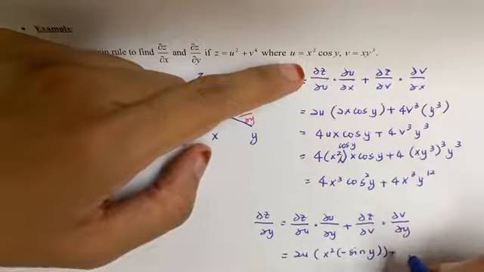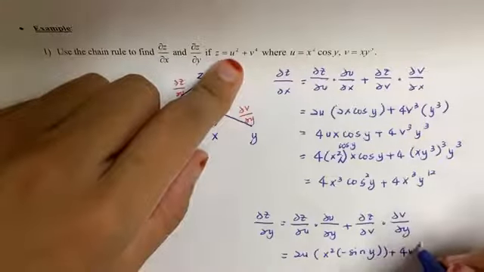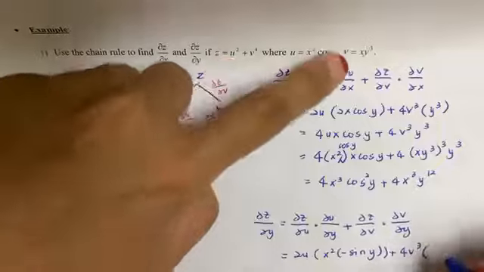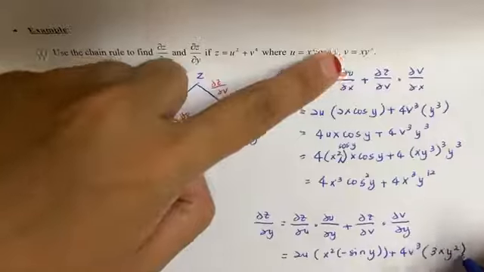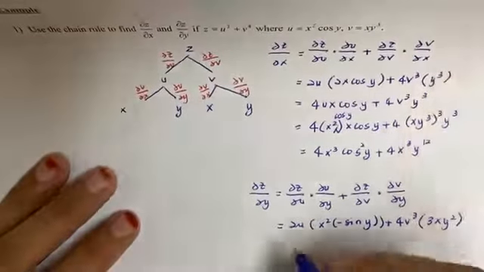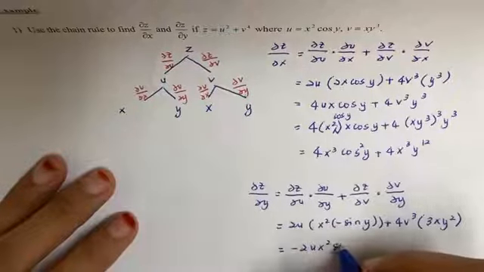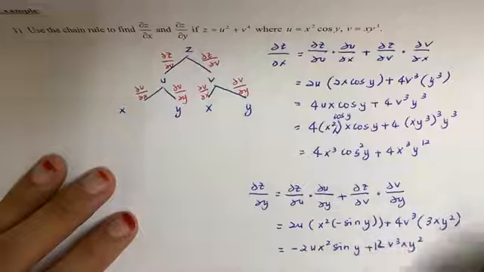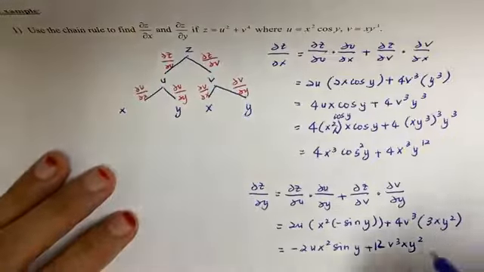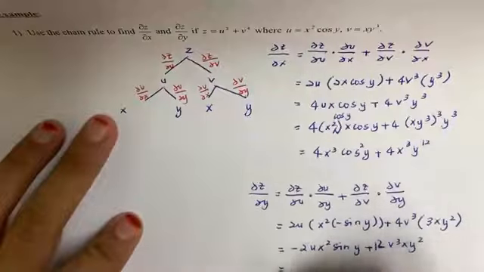Plus del z over del v, which is 4v cubed multiplied by 3xy squared. So this can be written as minus 2u x squared sin y plus 12v cubed xy squared. But remember, you need to substitute the values of u and v.